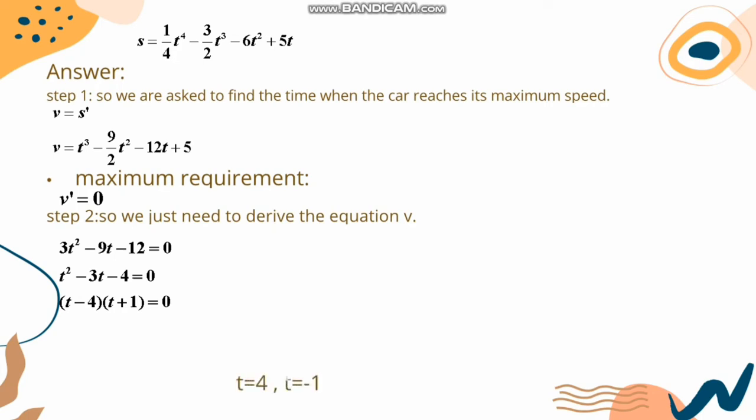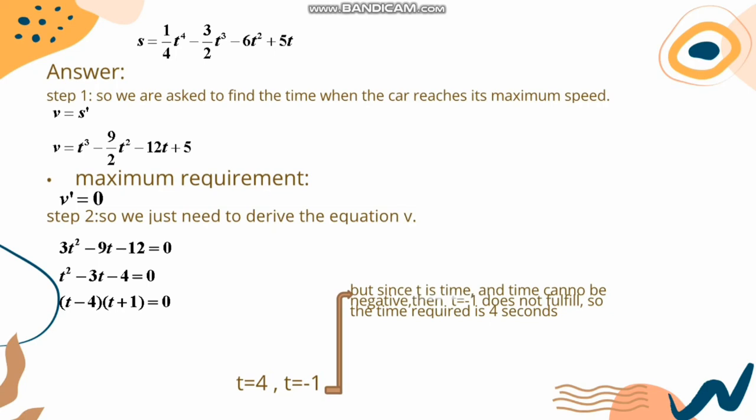From here, t equal to 4 or t equal to minus 1. We already have values for t, but since t is time and time cannot be negative, t equal to minus 1 does not fulfill, so the time required is 4 seconds.